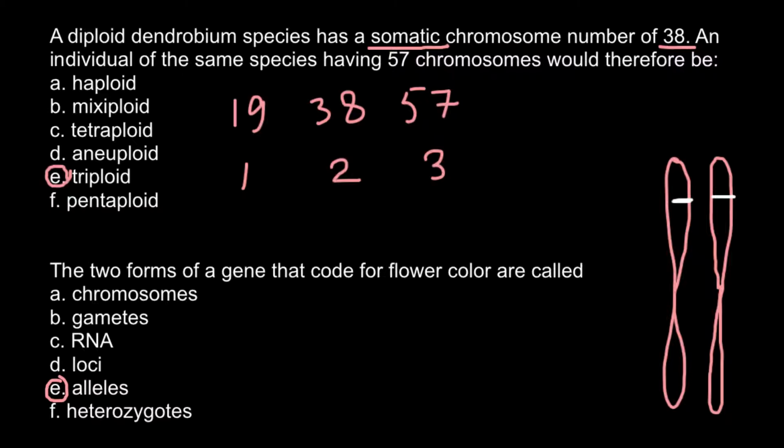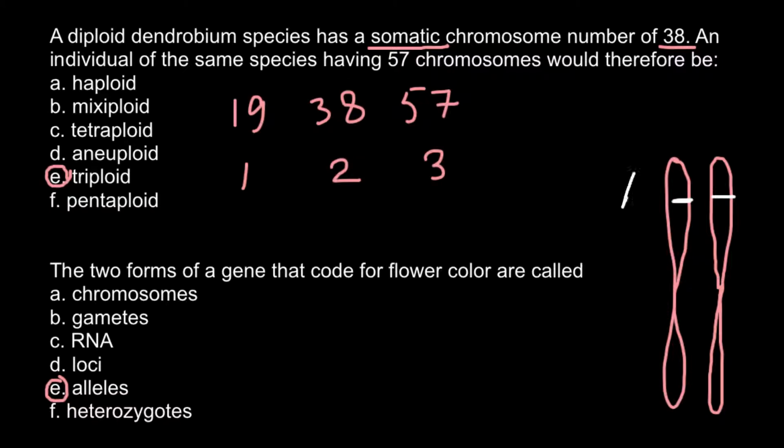We call two forms of the same gene alleles. This is the exact definition of alleles, and if we say that this is going to be one gene on the chromosome, genes can be slightly different.